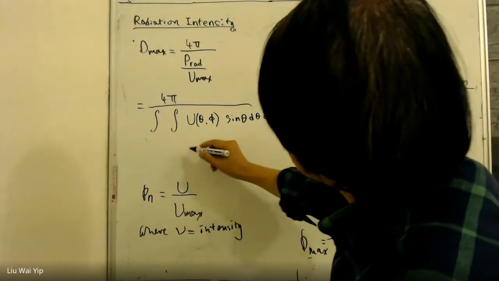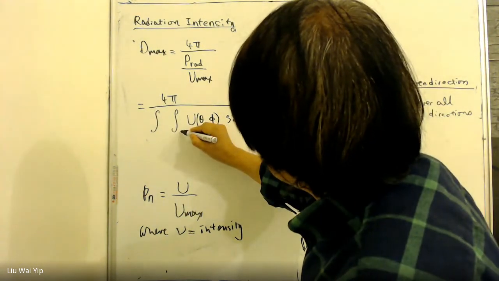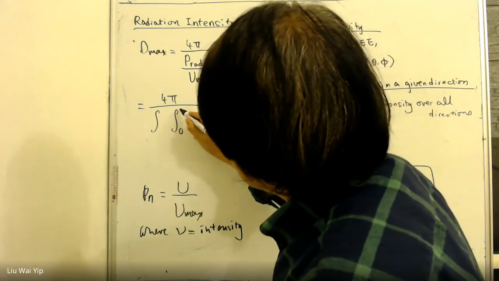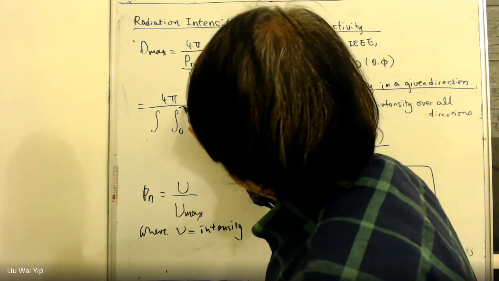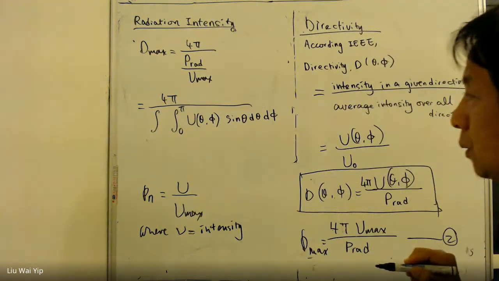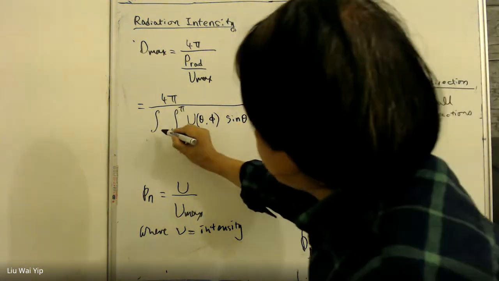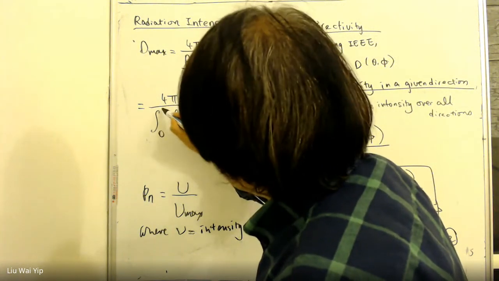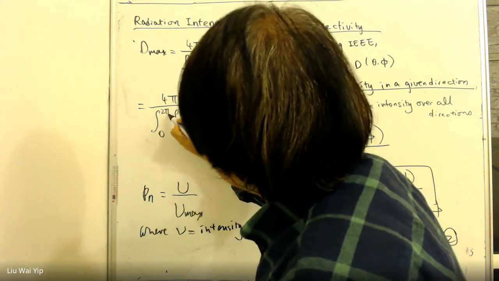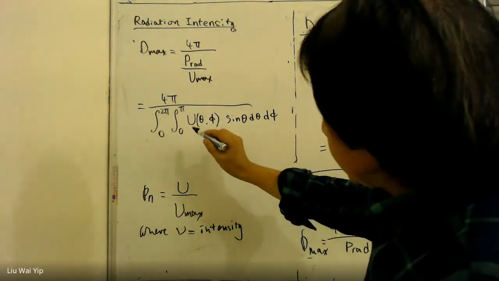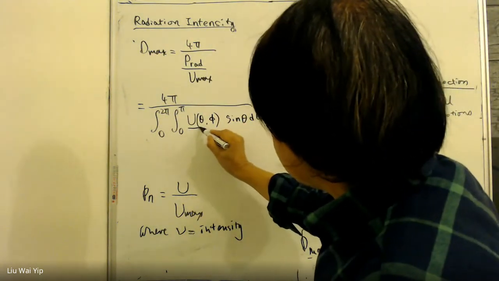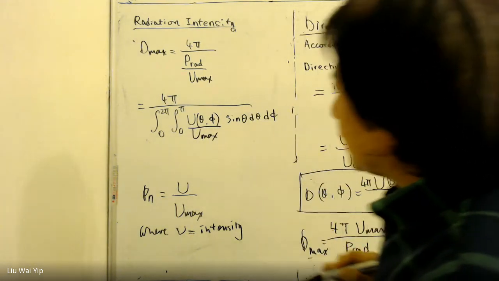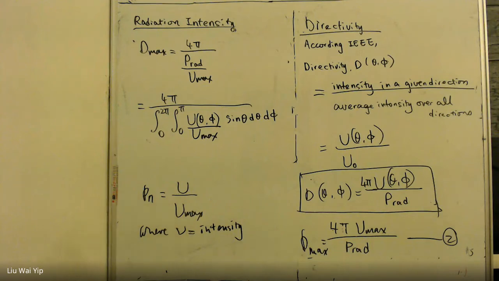Beta scans from 0 to pi, and phi changes from 0 to 2 pi. Do not forget the bottom expression, U max.